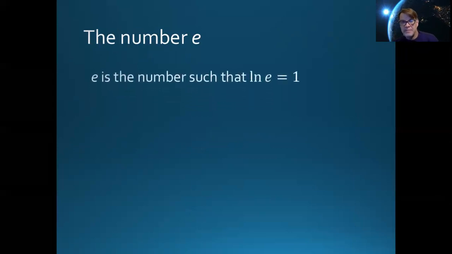Okay, finally, the number e. We can define the number e as the number such that the natural logarithm of this number is 1. E is a very important constant. It's baked into nature. God, at the creation of the world, God said, let there be E. It's built into things.